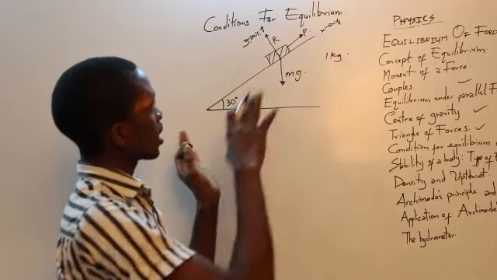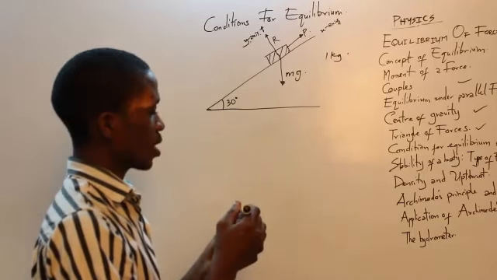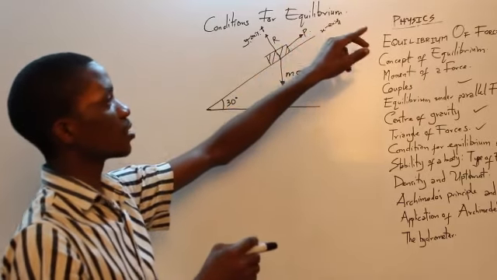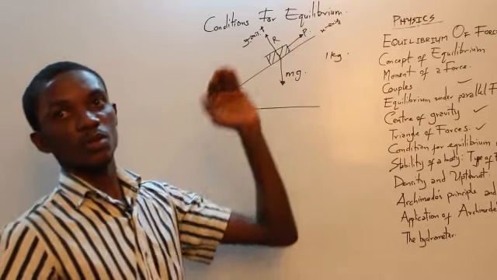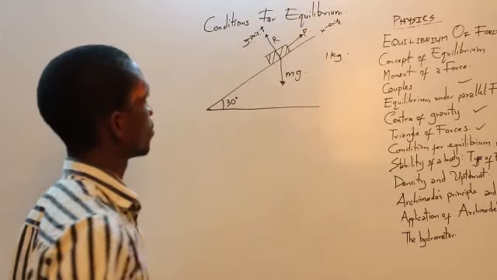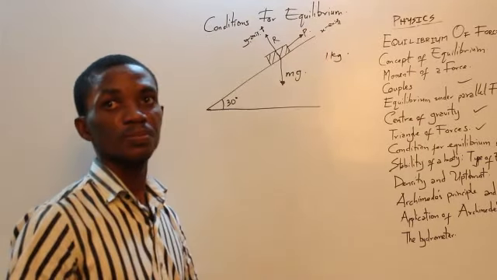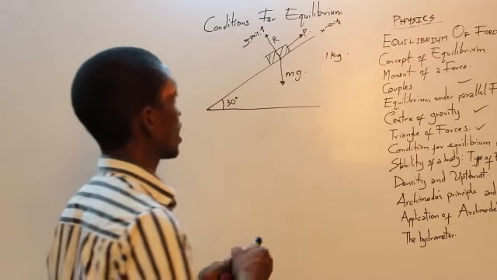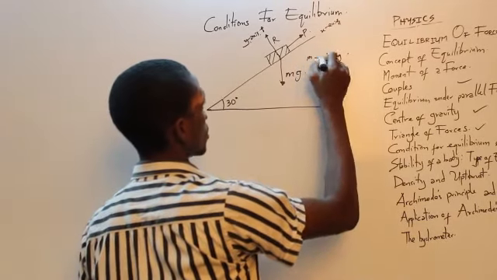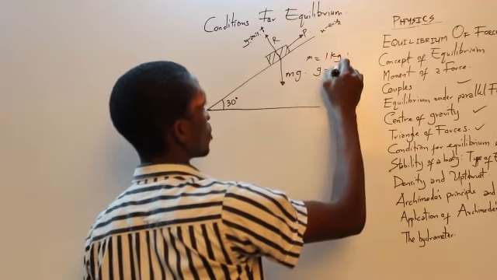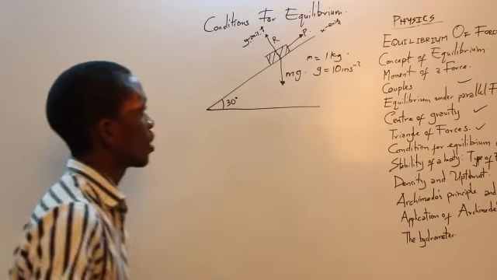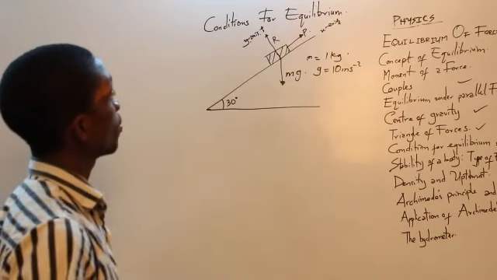But if we look at the entire thing, we are asked to find out the force that will be used to pull this so that it will be able to climb the slope. So that's what we want to find out. We also know that m equals this, and g will always be equal to 10 meters per second squared. So how do we go about it?